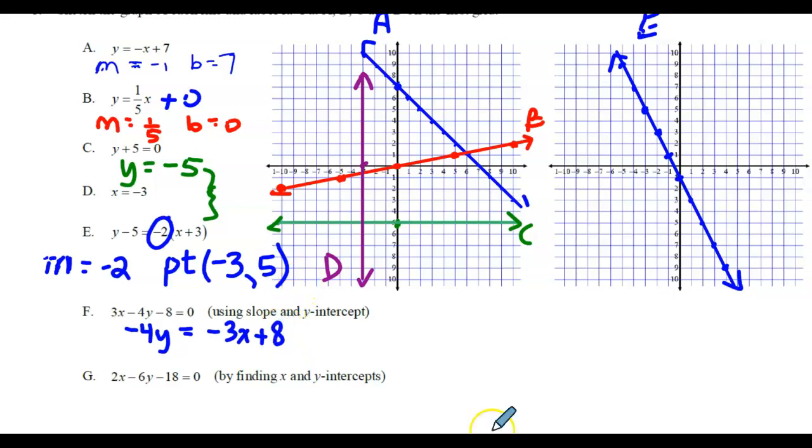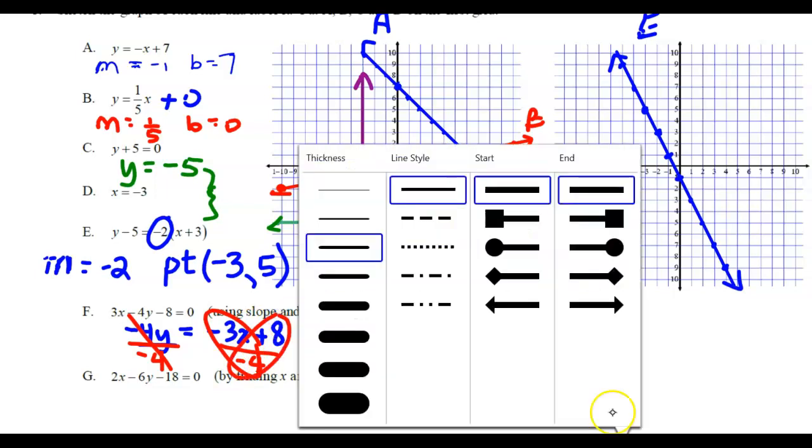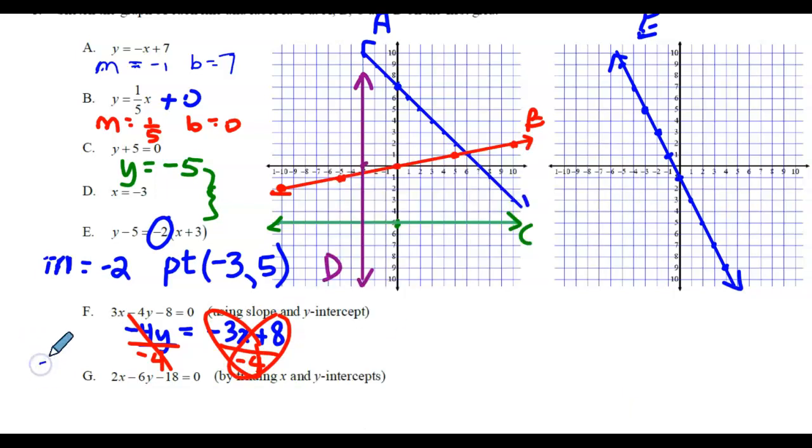And I'll do it this way. Then I'm going to divide by -4, because I have to have y equals, and then divide each term by -4. Don't forget to divide both terms by -4. So then we'll have y equals +3/4 x minus 2.